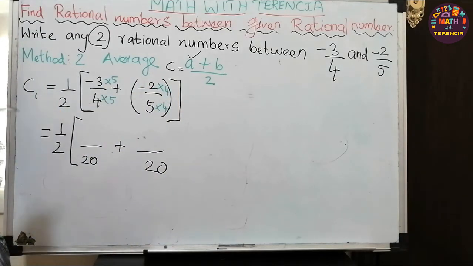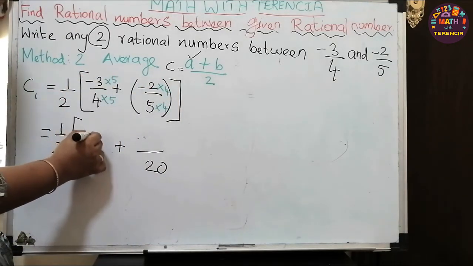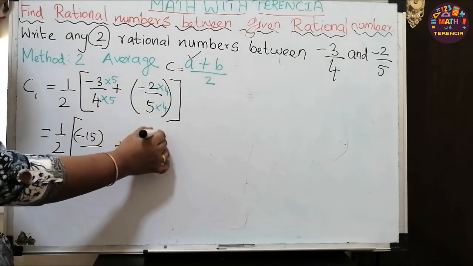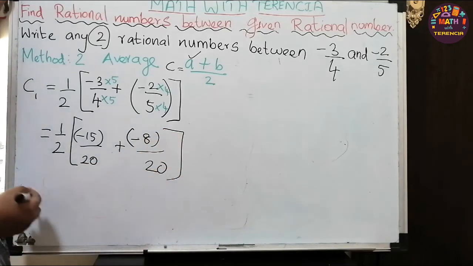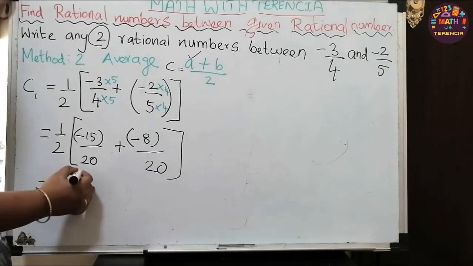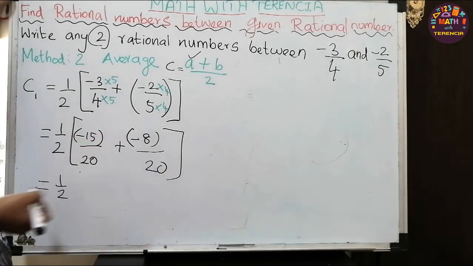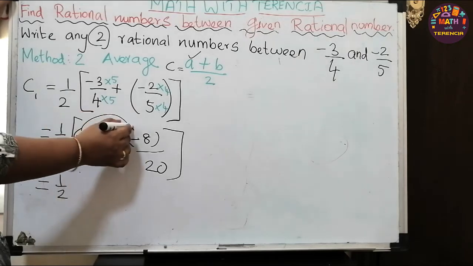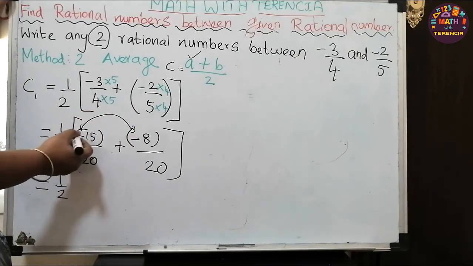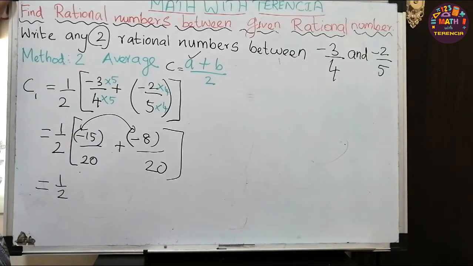So what will I get? Minus 3 times 5 is minus 15, plus minus 2 times 4 is minus 8. Now if I add, I will get 1 by 2 times minus 15 plus minus 8. Both are having the same sign, so I should add and put the same sign.